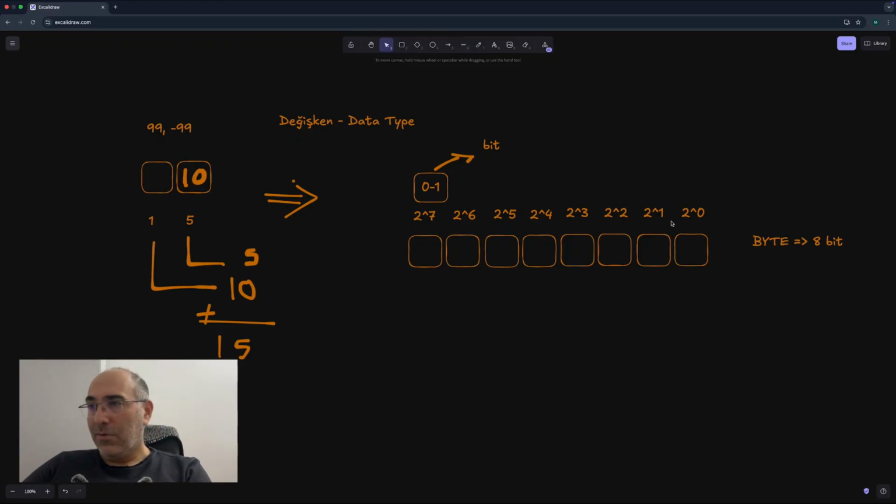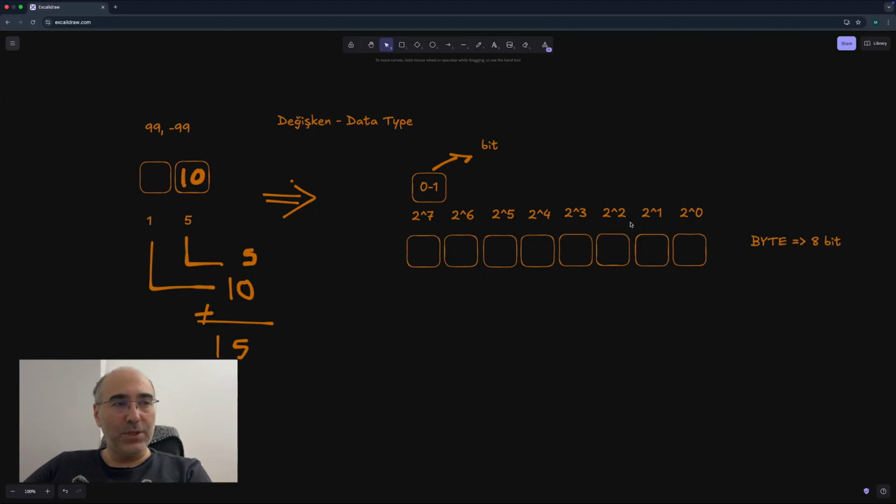Aha! With 2, there are 2 boxes here, right? In this one, it takes 2 values, right? This one takes 10 values, including 0. It takes 10 values. Decimal system, 10 to the power of 1, 2, 3. Here, it takes 2 values. 2 to the power of 0, 1, 2, 3.